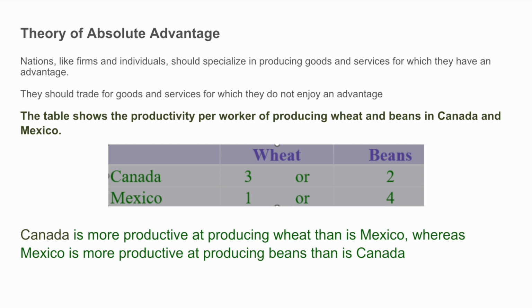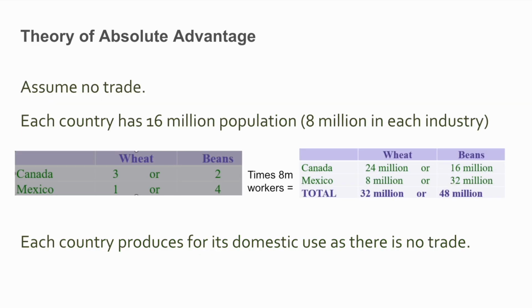So let's assume then that there's no trade going on. No trade allowed. We're not allowed to trade. So Canada has 16 million population. Let's assume they're all workers. So 16 million people go at something. If we need both of those products, let's assume that we're going to put 8 million people to work making wheat and 8 million people to work making beans, okay?